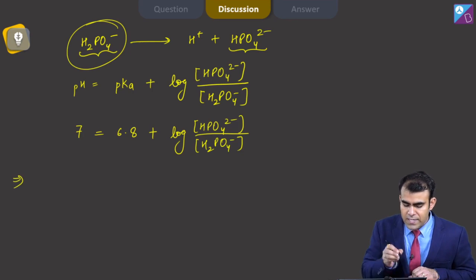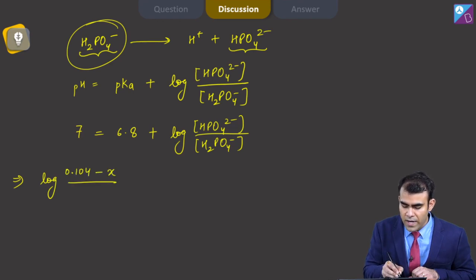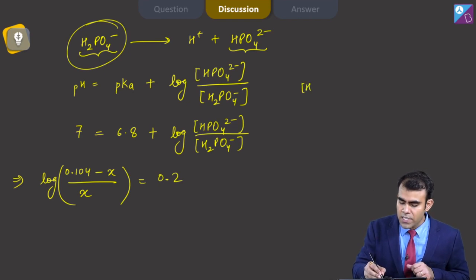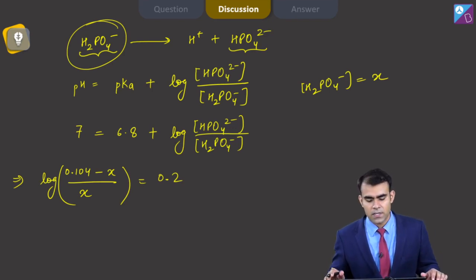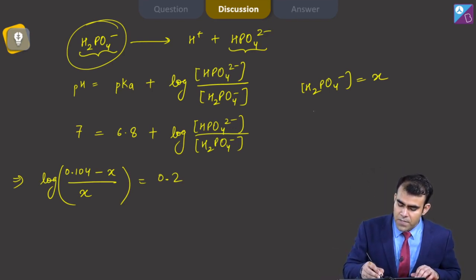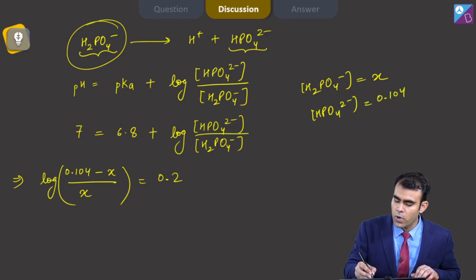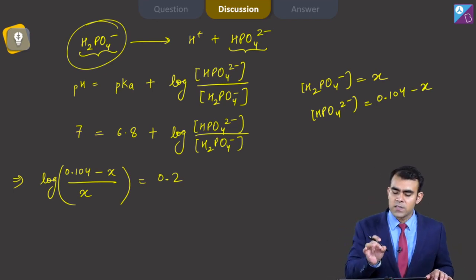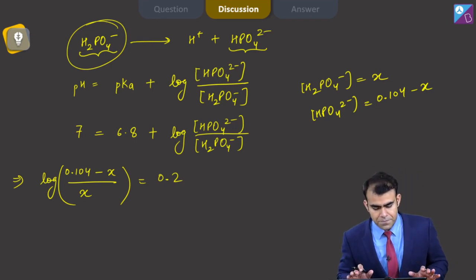Now we can see from here that log of 0.104 minus x divided by x is equal to 0.2. What I have done here is I have taken the concentration of H2PO4 minus as x, and then ultimately the concentration of HPO4 2 minus will become 0.104 minus x, because the summation of concentration of these two is 0.104.